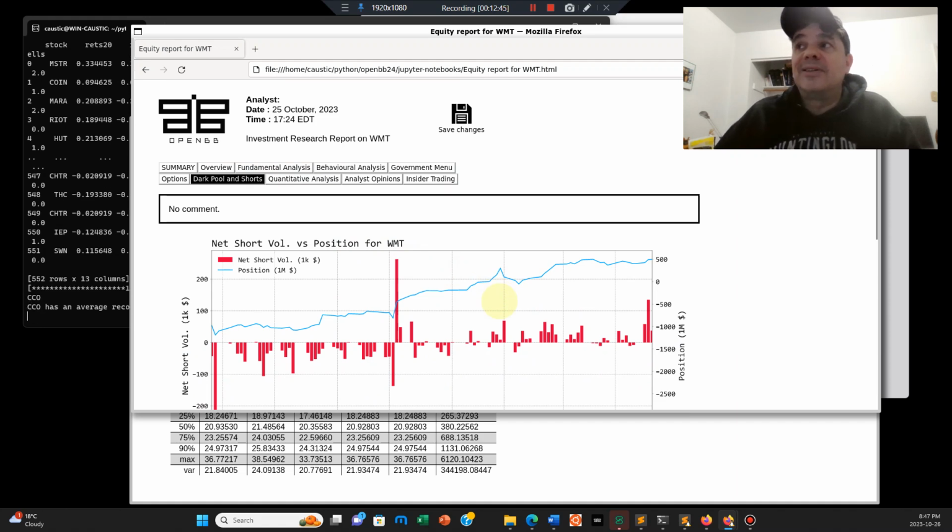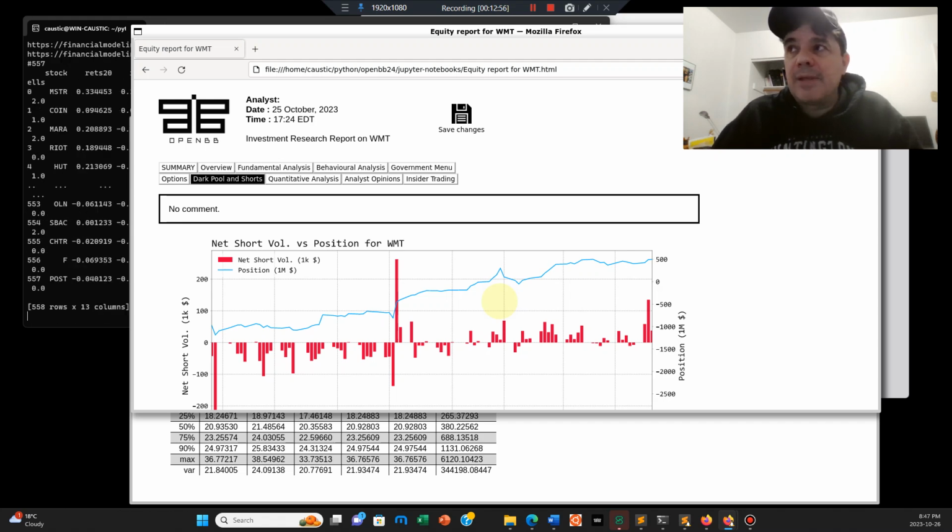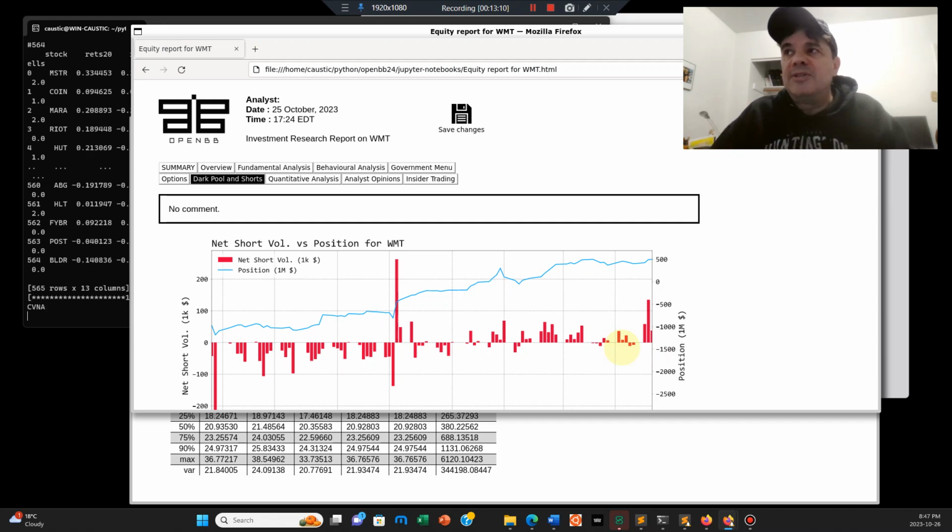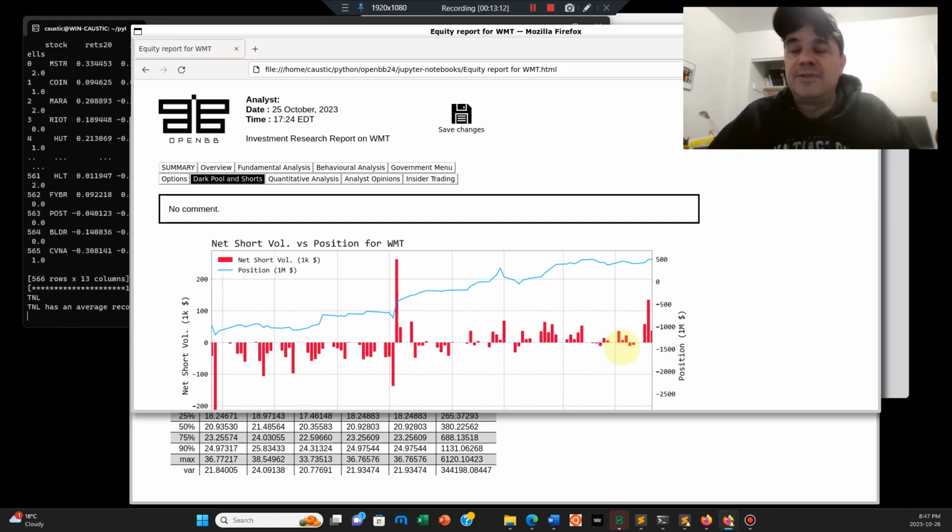Dark pool. Now, this is another unique thing you will not get anywhere else. The thing is, when it comes to dark pools, they're not cracked at all. But here we got data sources that enable us to track that. So here you can see the position of Walmart continues to move up, but more importantly, right along here is the net positions overall of the major institutions, which could include pension funds, banks, hedge funds, the like.